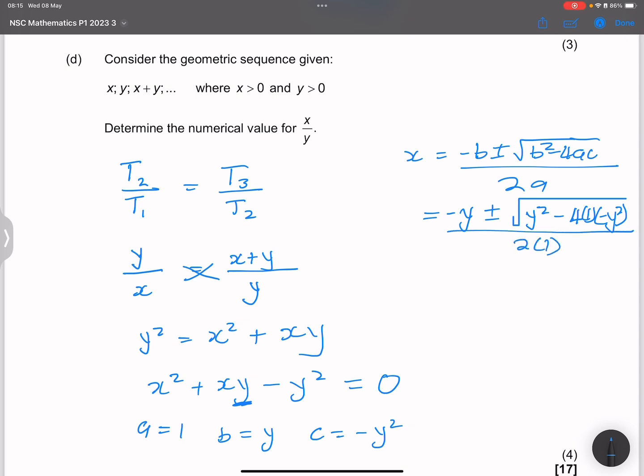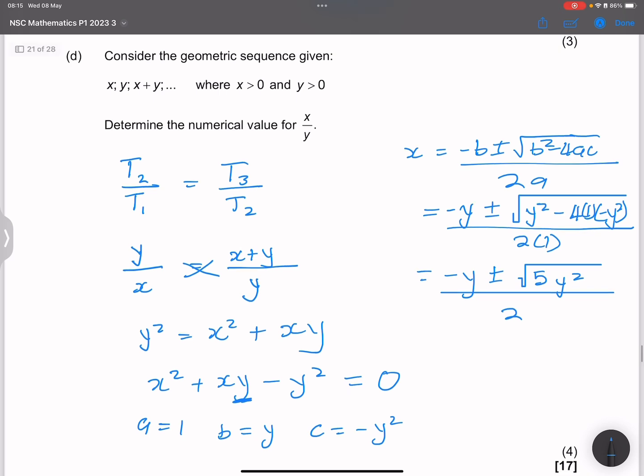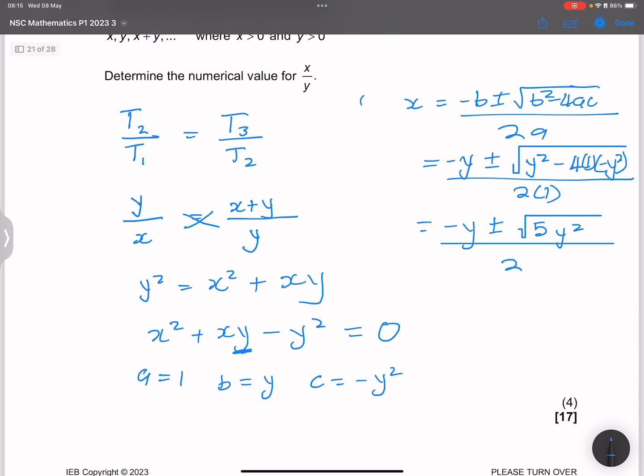So we've got minus y, plus or minus the square root of y squared plus 4y squared, which gives us 5y squared, divided by 2. Remember, that's the value of x.